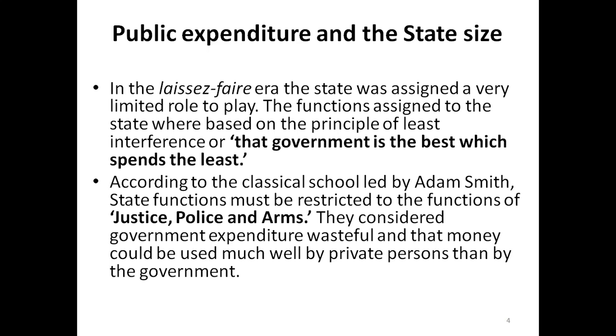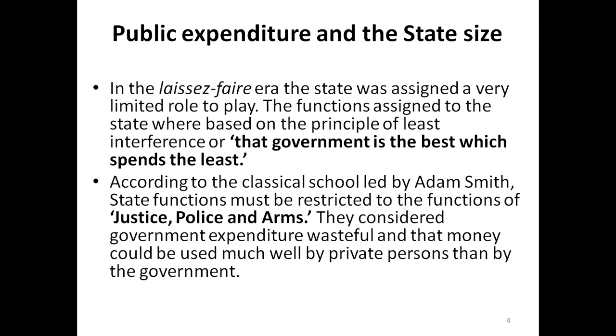According to the classical school led by Adam Smith, state functions must be restricted to the functions of justice, police, and army. They considered government expenditure wasteful, and that money could be used much better by private persons than by government.